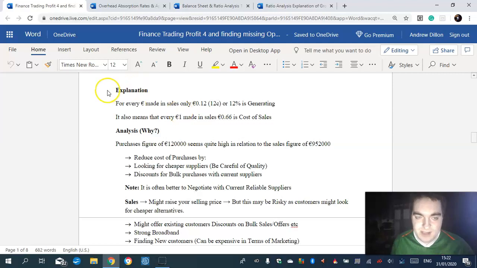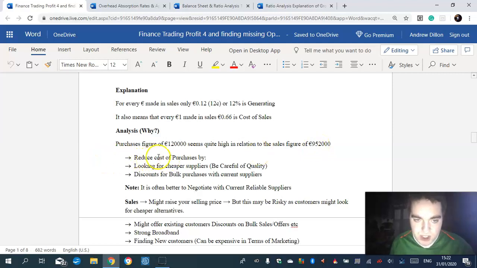So the explanation: for every euro made in sales, only 12 cents or 12% is generated as profit. It also means that for every €1 in sales, 66 cents is cost of sales. And why? It's because the purchase figure of 120,000 seems quite high in relation to the sales figure of 952,000.